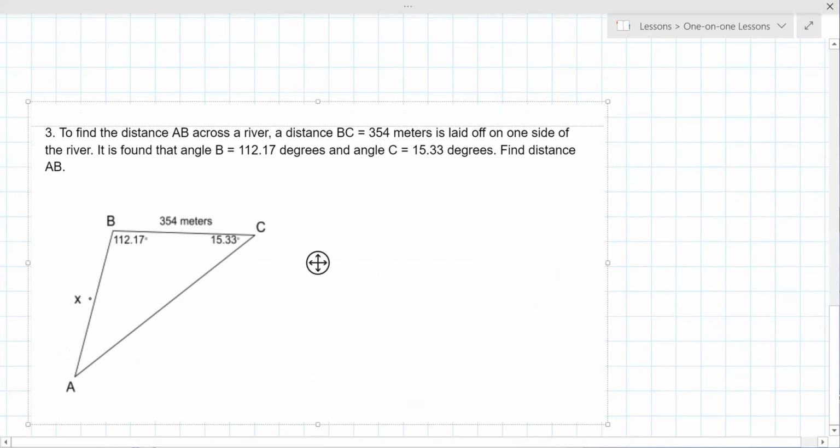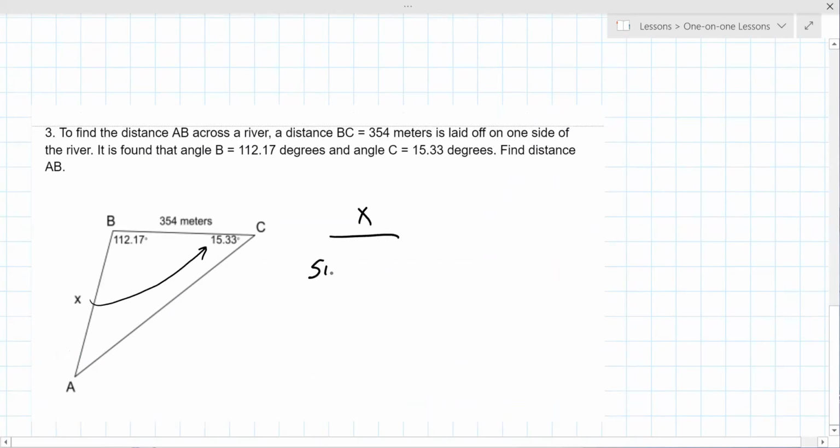So do we have the angle across from x? Yes. So we know that x over sine 15.33 equals this other length 354 over, well, we need this angle down here. Do we have angle A?